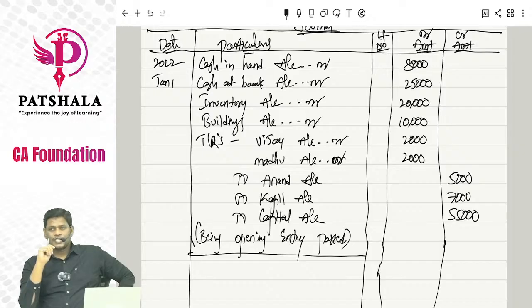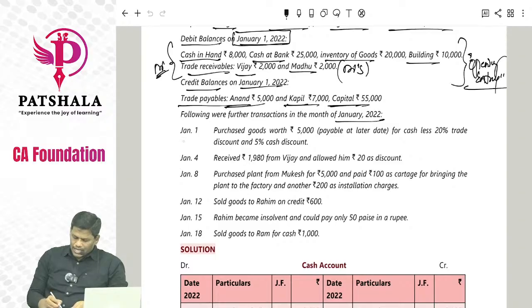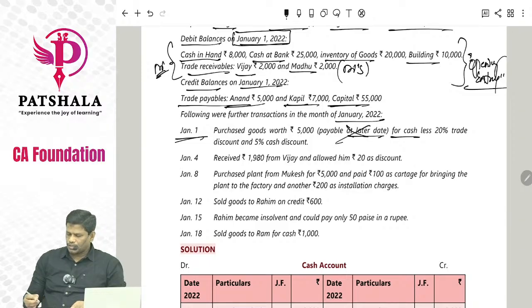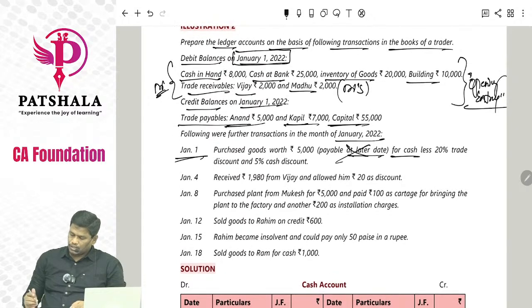Finished opening entry. So next. Next entry. January 1st. Purchase goods worth 5,000 payable at a later date for cash. Is this right? Payable at later date, and then again cash? Strike out later date. For cash less 20% trade discount. What did I say?